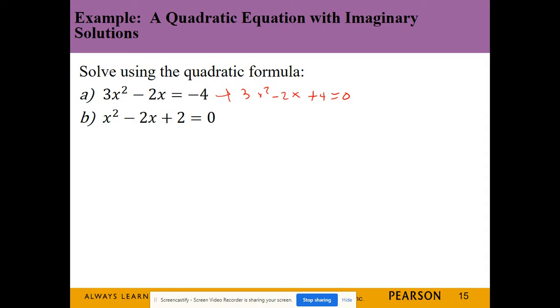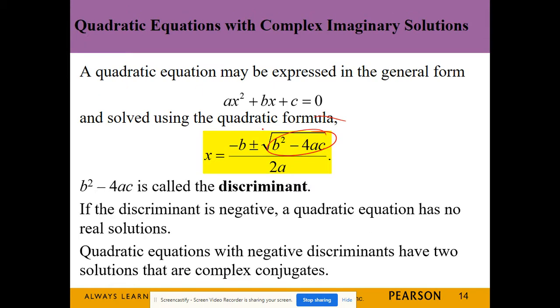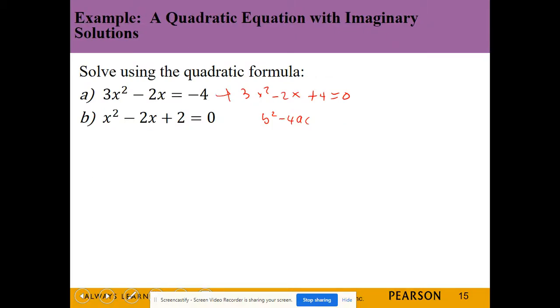First thing I'm going to do is find the discriminant b squared minus 4ac. In this case, b is -2, a is 3, and c is 4.